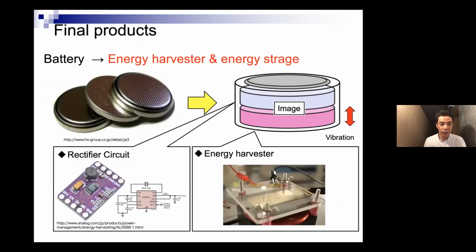So what we are targeting is to make the energy harvester, and now we are working to connect to the circuit to charge the capacitors. So we want to make this kind of battery-shaped device, which has inside an energy harvester and the energy storage.